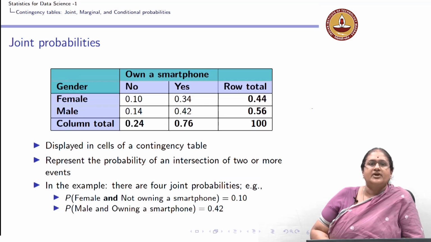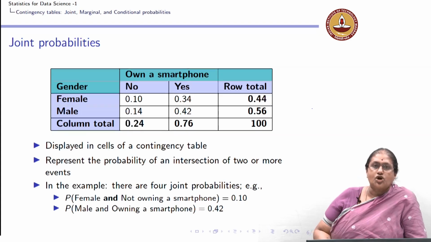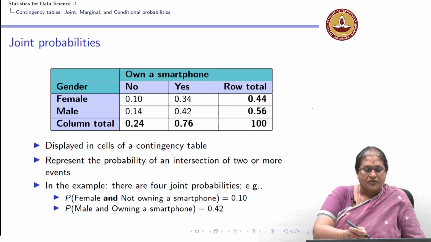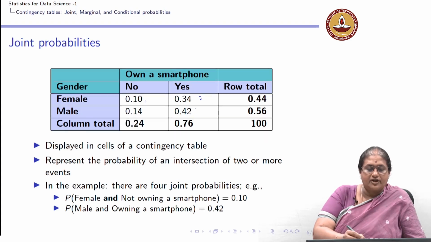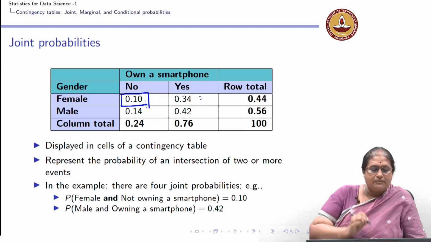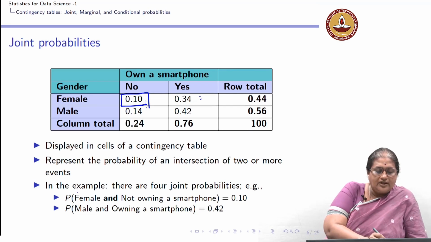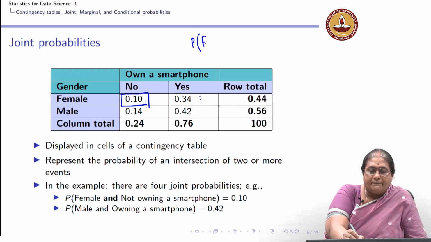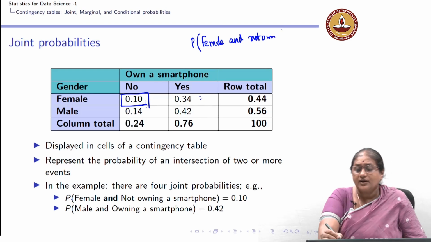The first probability we will introduce is what is referred to as the notion of joint probabilities. So, again recall this is my 10 by 100, this is my 34 by 100. Let us see what this entry means. This entry is equivalent to the probability of a person being a female and not owning a smartphone.